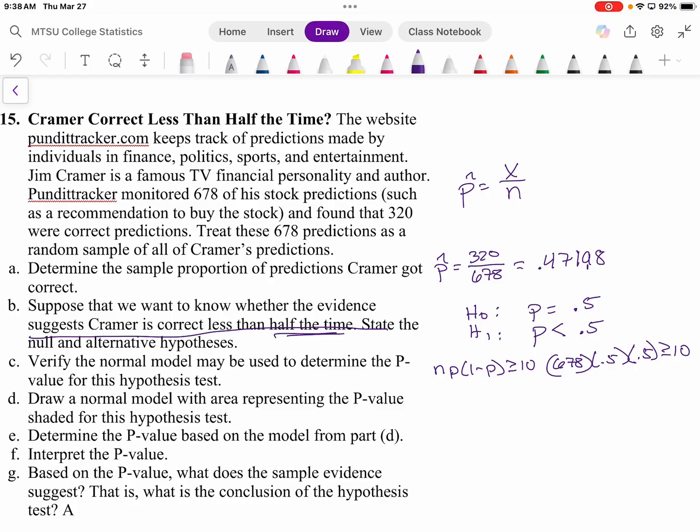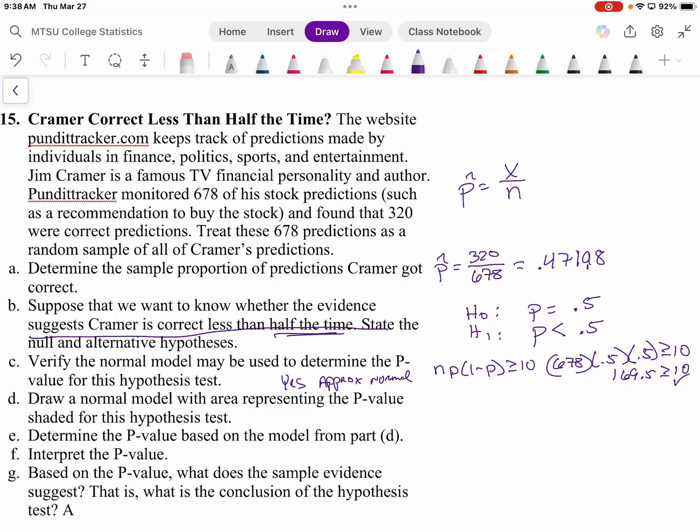That comes out to be 169.5. That is greater than 10, so yes, approximately normal, because we met that condition. Again, in this whole unit, that's the process we go through for deciding if it's normal.